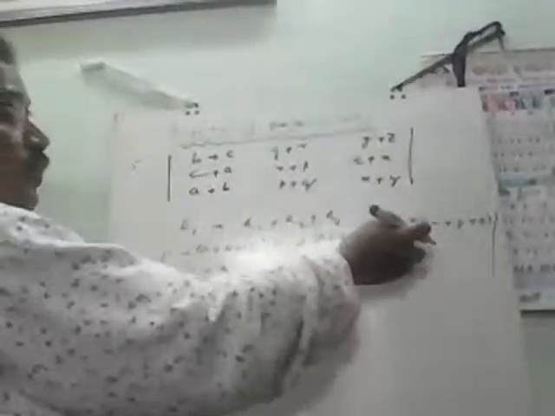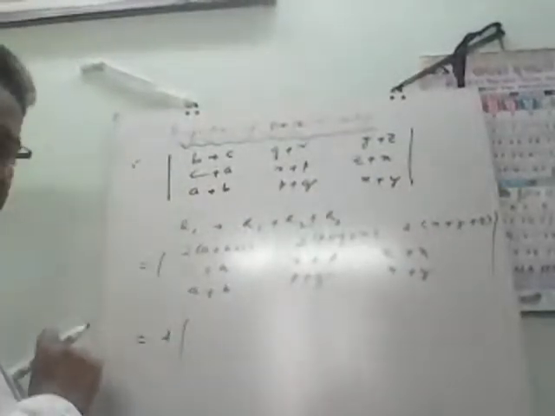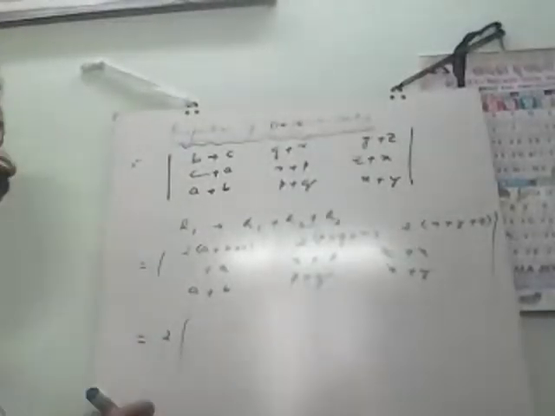Then next step, you take two common from row 1, right outside. Then apply.